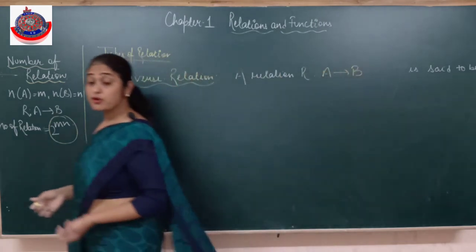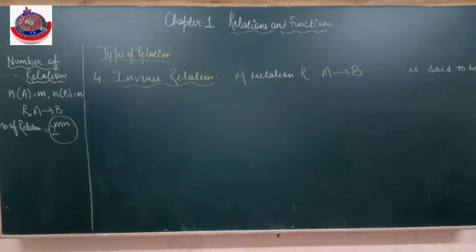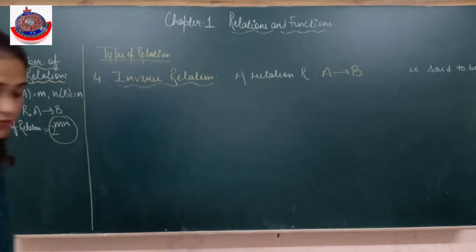There is a relation from set A to B. If R is a relation from set A to B, then the relation from set B to A is defined as the inverse relation.